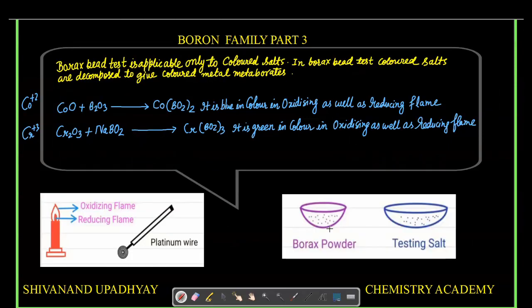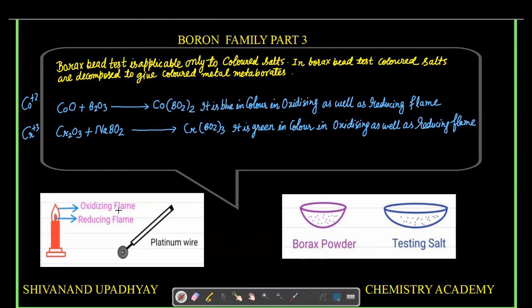Like here, cobalt oxide is going to react with B2O3. When it is chromium oxide, it is going to react with NaBO2. After some time, a color will appear.